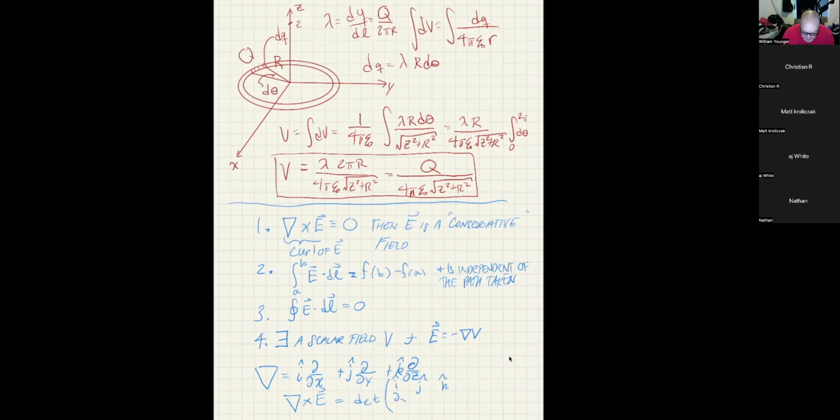I'm going to say partial with respect to x is the first entry in the second row. Partial with respect to y is the second entry in the second row. Partial with respect to z is the third entry. And then E sub x, meaning the x component of the E field, and then E sub y, and then E sub z. So that's actually what that curl is.